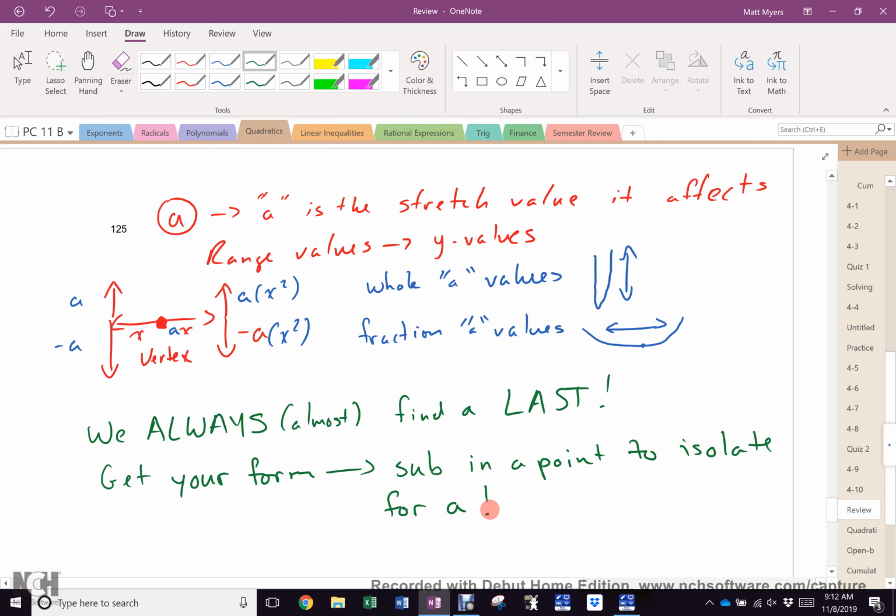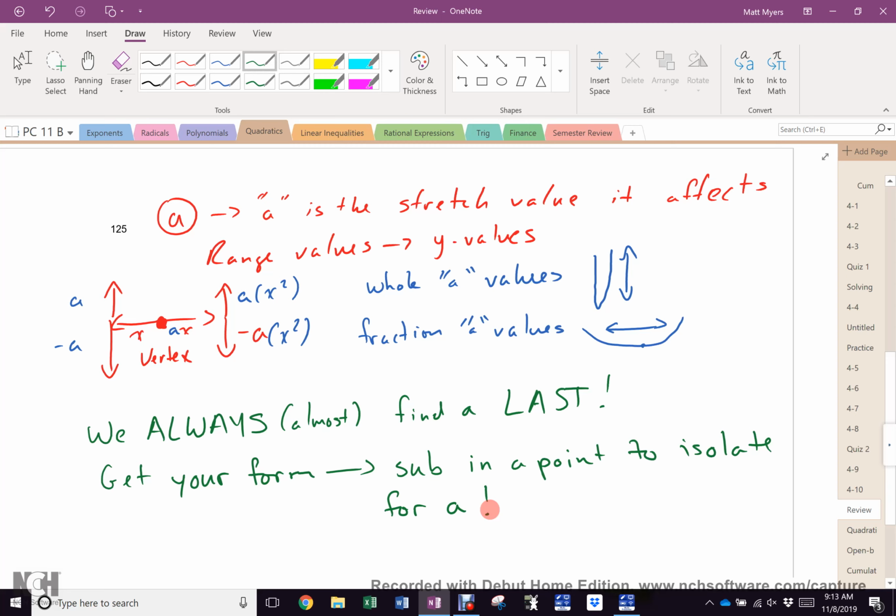Like if you can see on the graph you've gone over 3 and up 27, then what do you know about A? Pardon? Yeah, it's positive 3. If you went over 4 and down 64, what is your A?